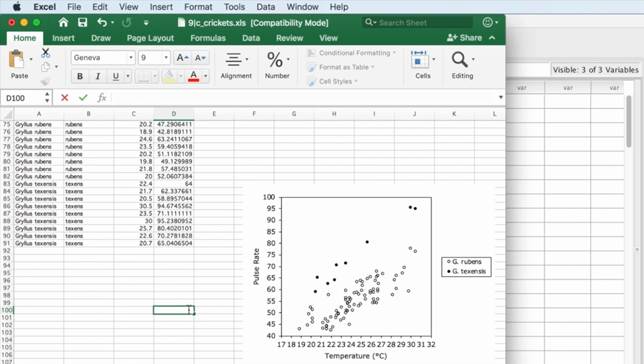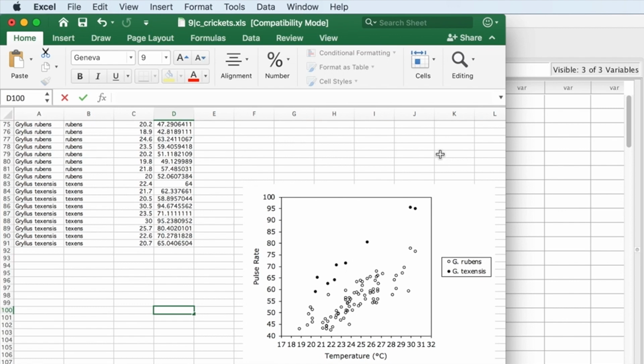Today I'm going to show you how to do a comparison of slopes and then an ANCOVA, which is a comparison of the heights of two or more lines. So here's the problem. We have two species of crickets, Gryllus rubens, that's these open circles, and Gryllus texensis, which is the closed circles. We're basically trying to compare the species in terms of their pulse rate.